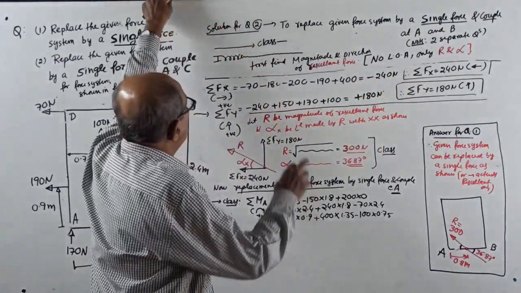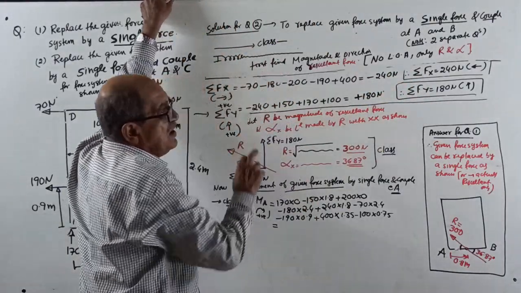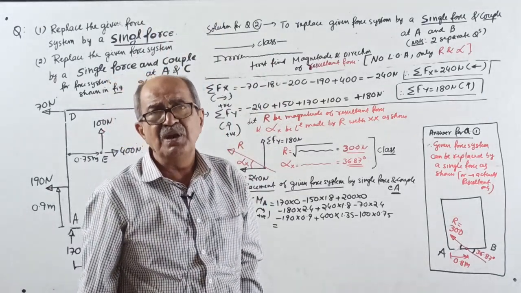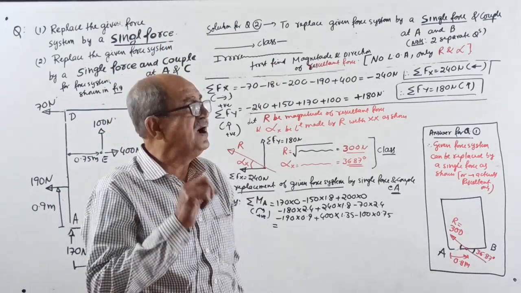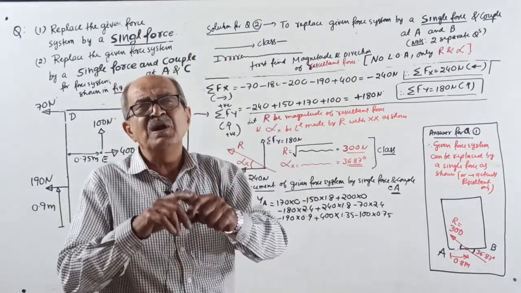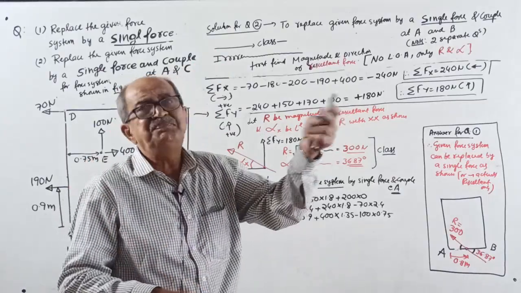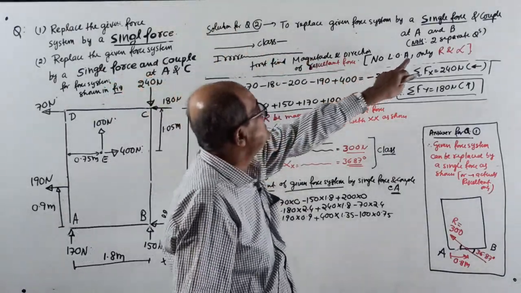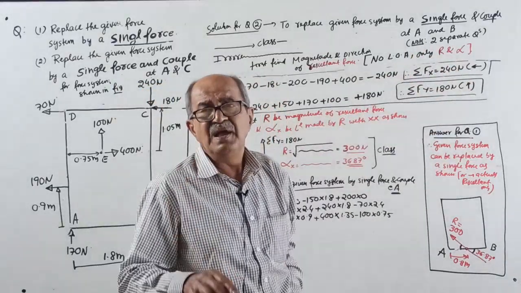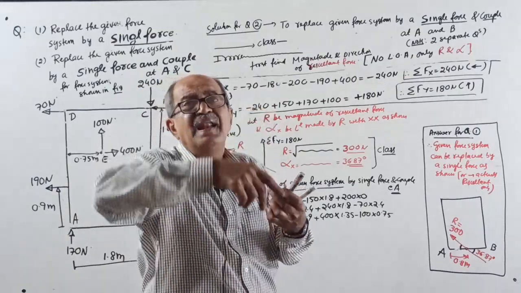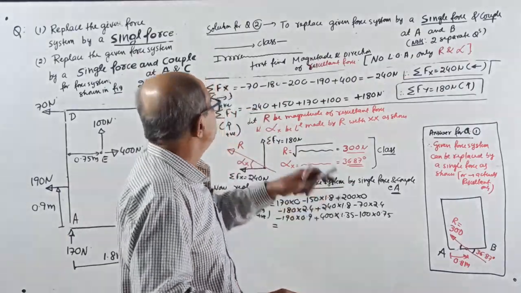So then, replacement of the given force system by a single force and couple means two parts are there. First part, find the resultant force. Never bother where it is acting. Shift it to A, once here at A, later B. Where required, at that point there will also be a couple. How to find the couple? This also I told you.